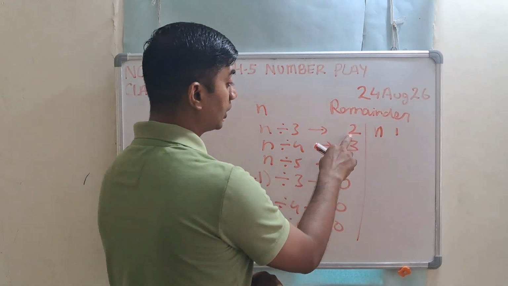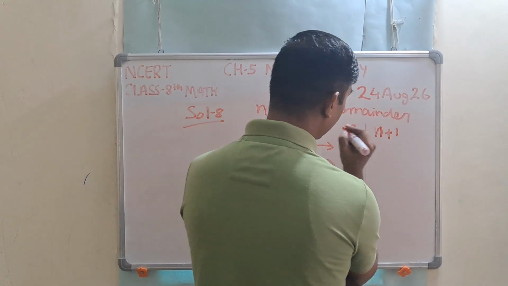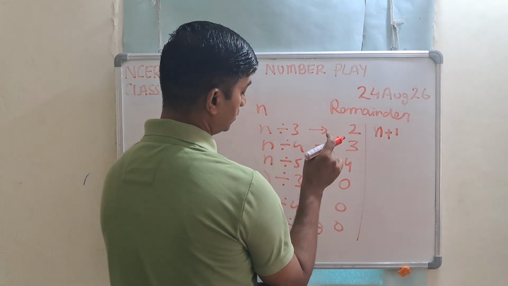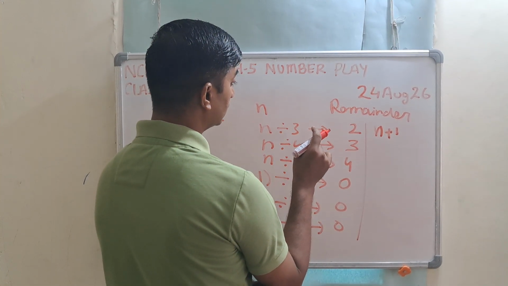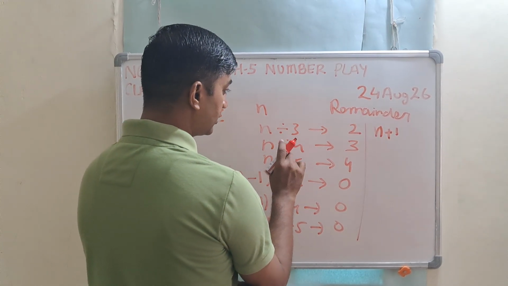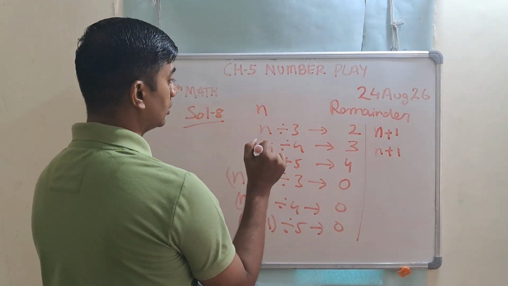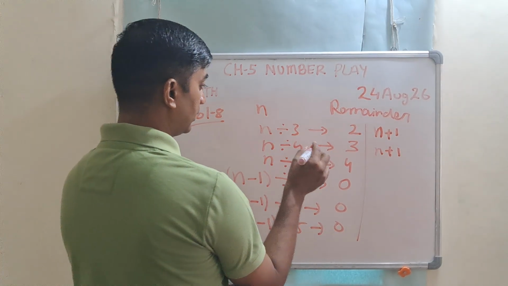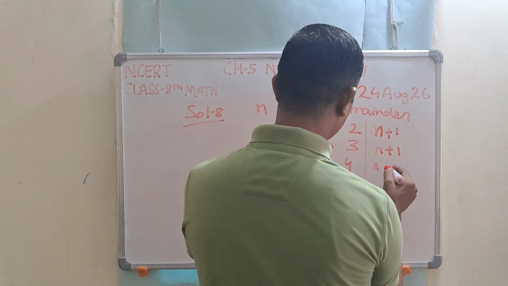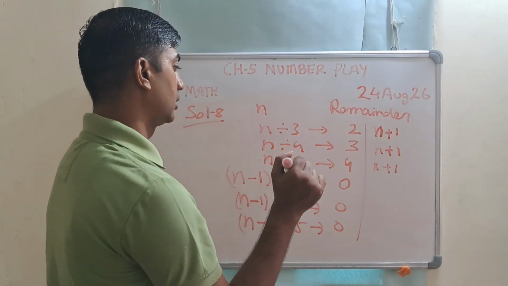Now this remainder is 2. To complete this as a multiple of 3, we have to add 1. Understood? And to complete this one we also have to add 1, then this is divisible by 4, and when we add 1, this is divisible by 5.